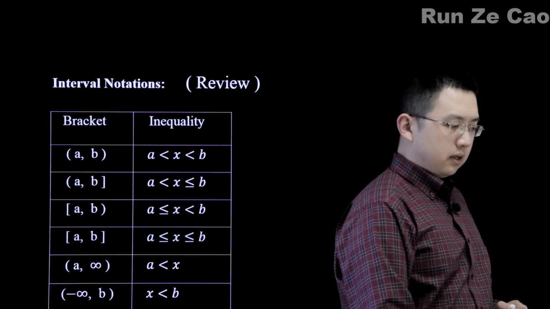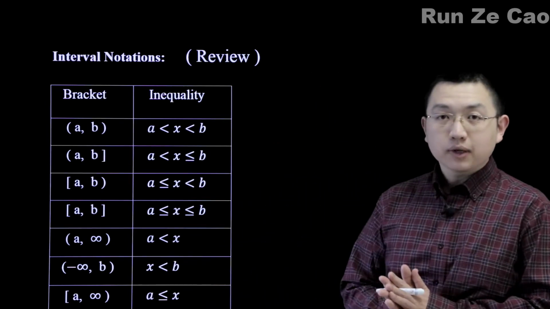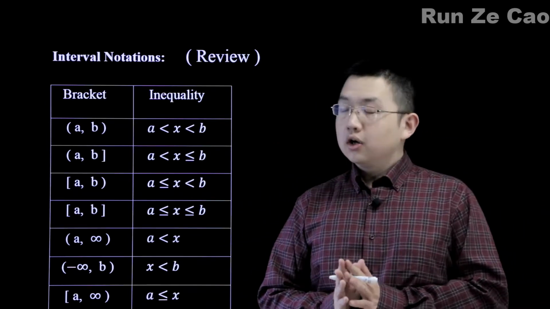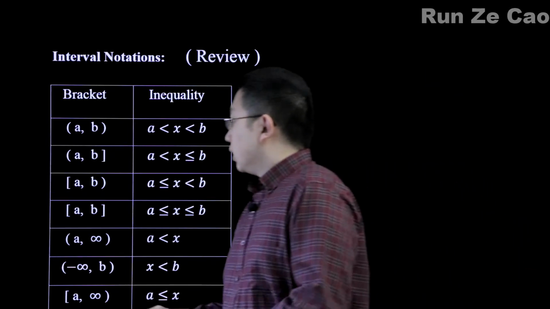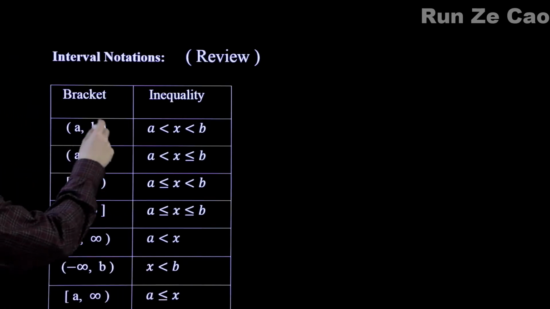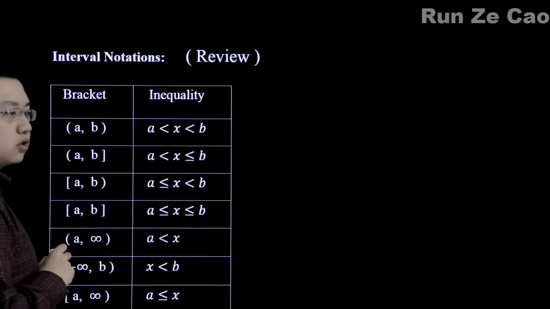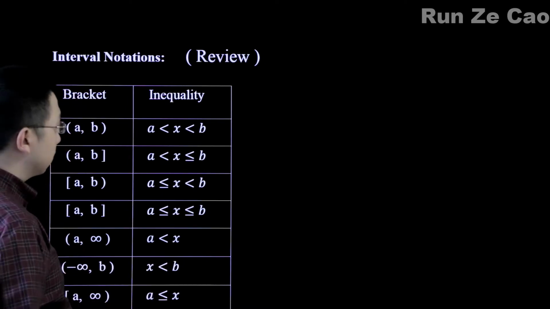Okay, so hopefully we still remember interval notation, because this is what we will use to talk about domain and range. In brackets, these round circles mean strictly less than or strictly greater than.